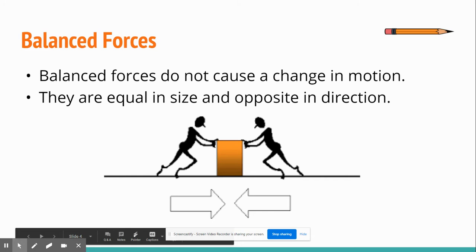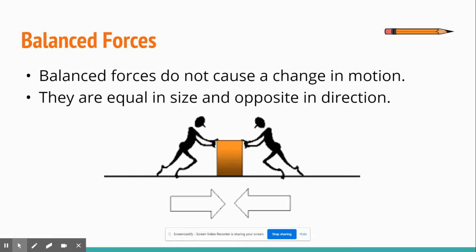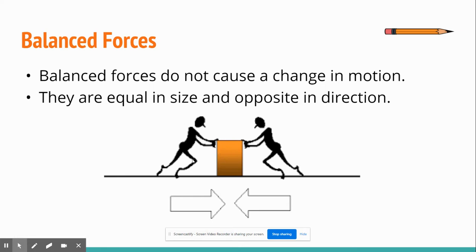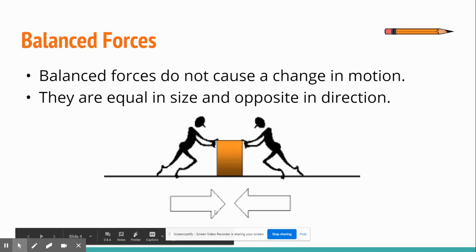All right. Now, if we have forces acting on an object and they are balanced, then our object is not going to have any change in motion. So here's a box, and we have this funny, strange man with very odd feet pushing in this direction, and this is the vector to represent the force.